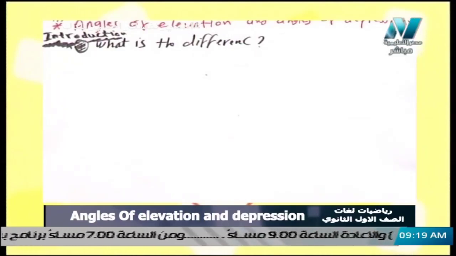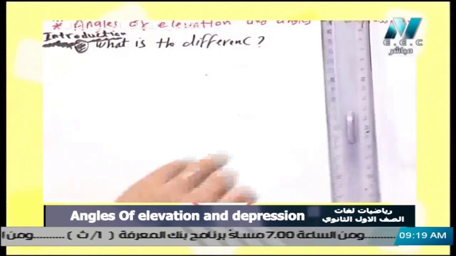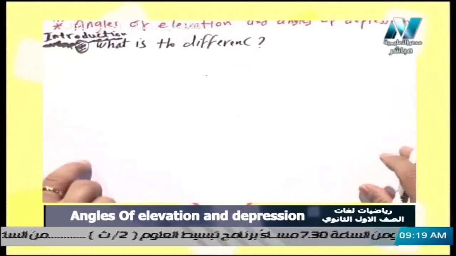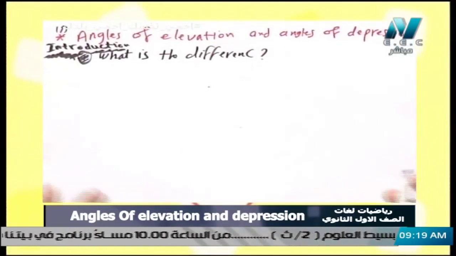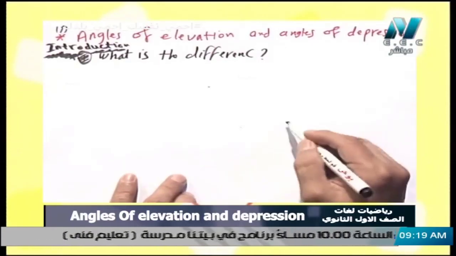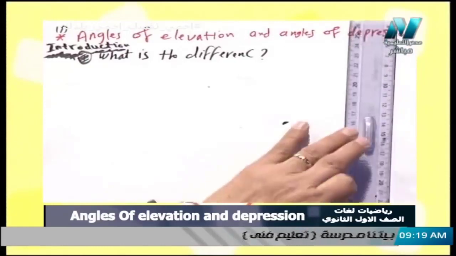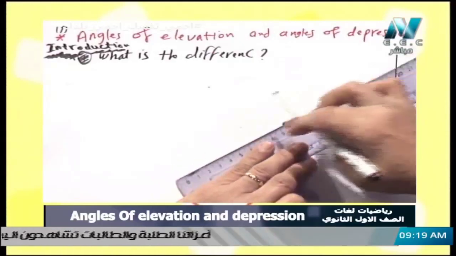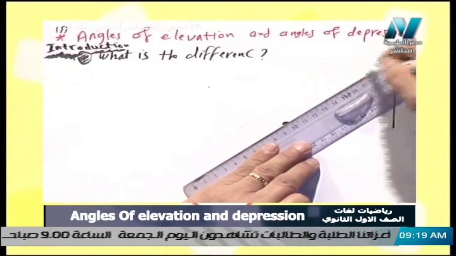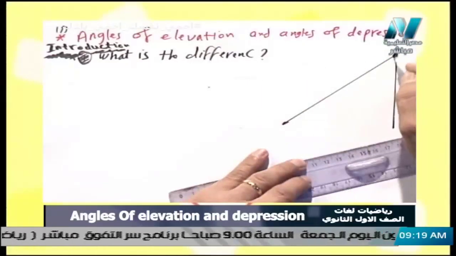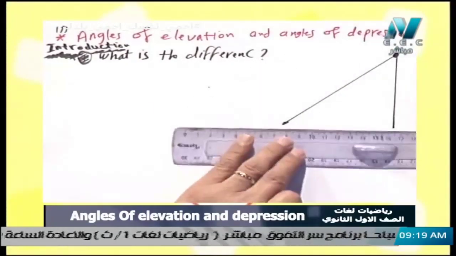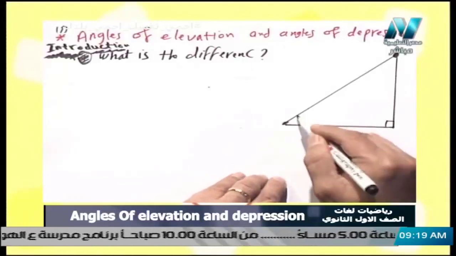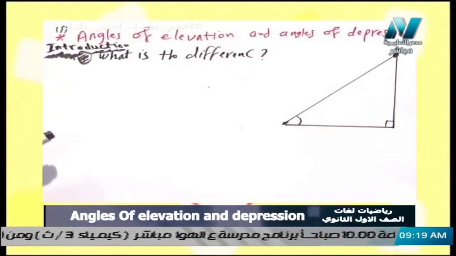If we have a house, and if we have someone here looking at a house, using his eyes to the top of a house or anything here, so we will draw a right angle triangle, and this angle will be the angle of elevation.